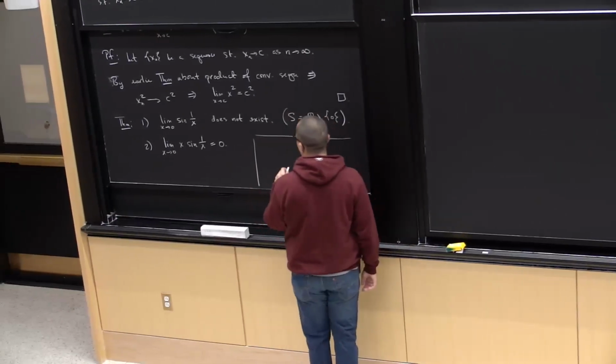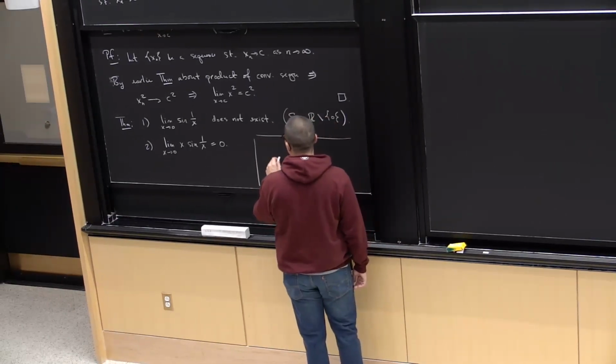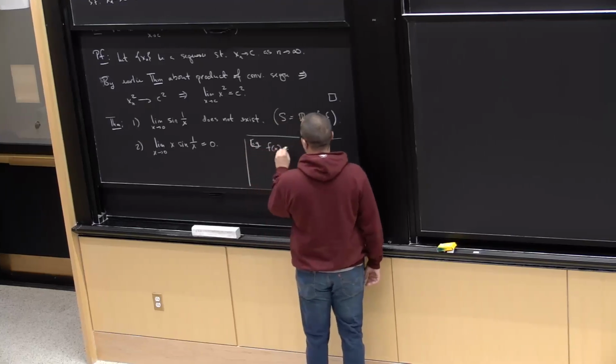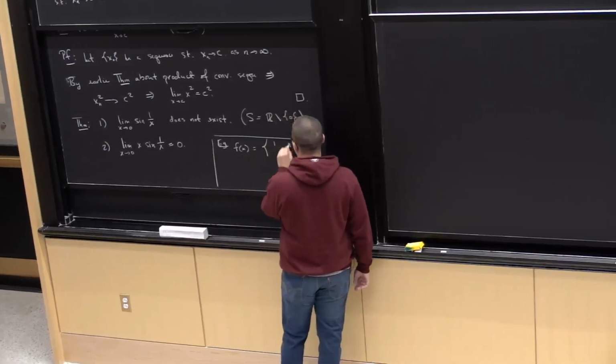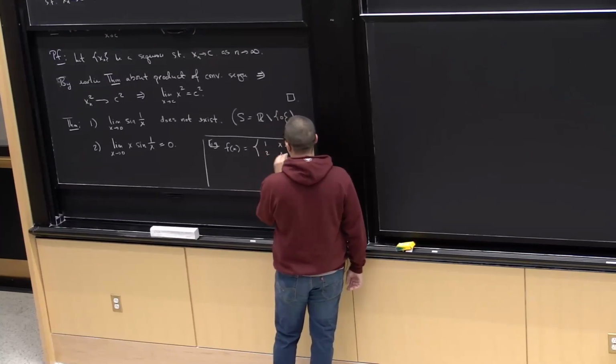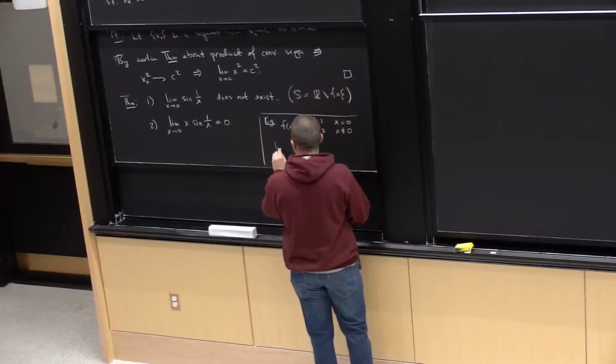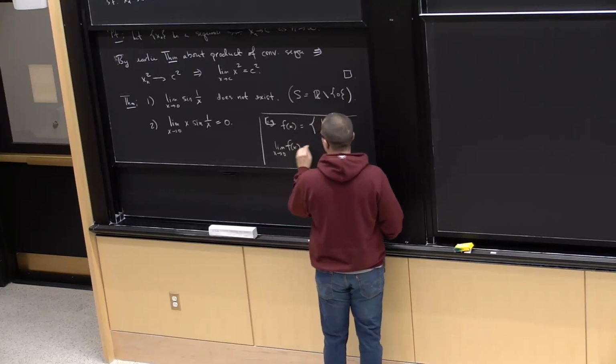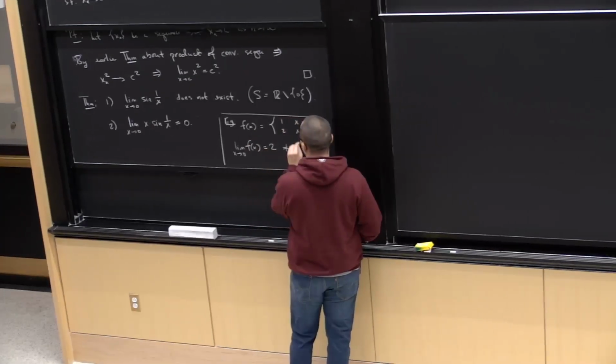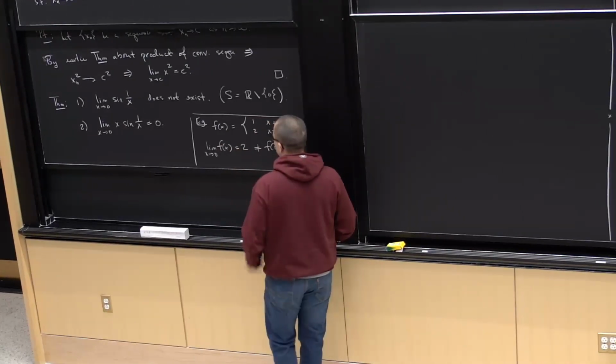So just to recall the example from last time, when I had f of x equals 1 if x equals 0, and 2 if x does not equal 0, then we showed that the limit as x goes to 0 of f of x equals 2, which note does not equal f of 0. Okay?